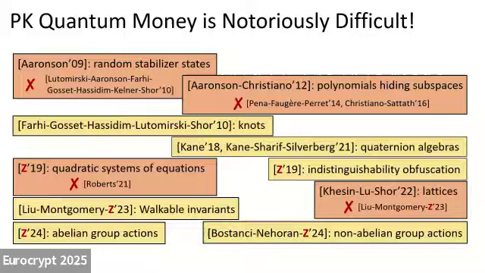There have been a number of proposals in the literature, but it turns out that many of them have been broken. And really the difficulty is that a lot of these constructions were largely ad hoc, based on new computational assumptions, and then those new computational assumptions turn out to be false. So what we really want is a construction of public key quantum money based on tools that have been widely studied by the cryptography community.